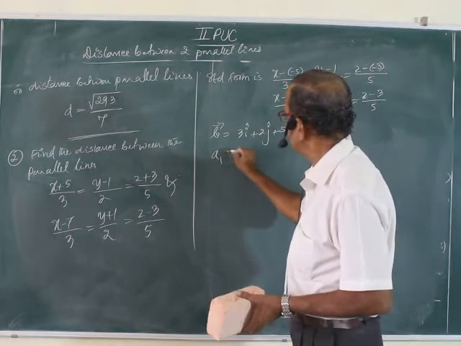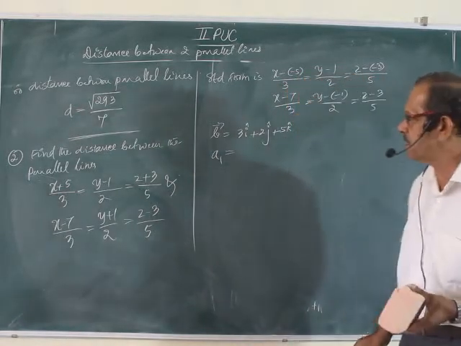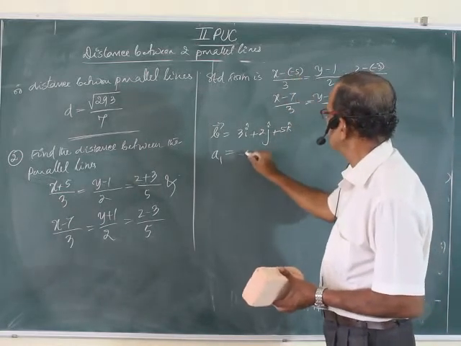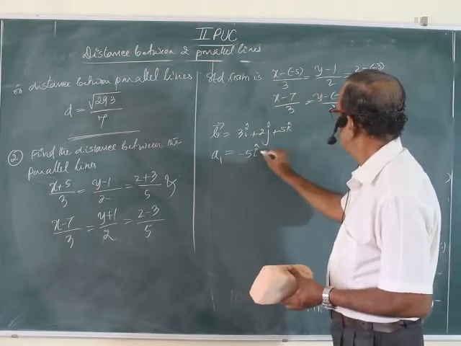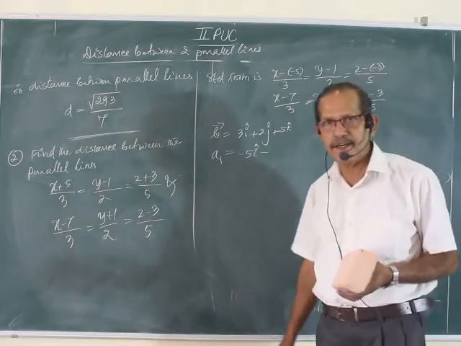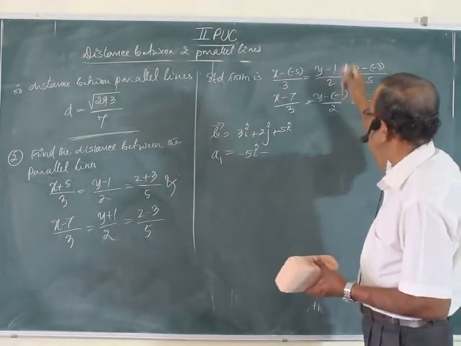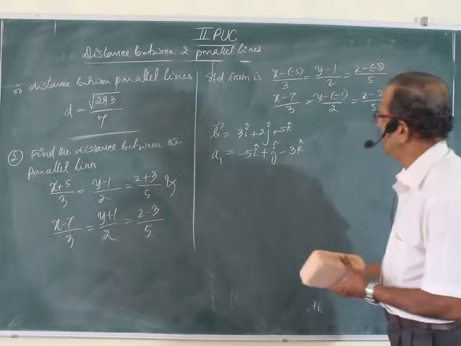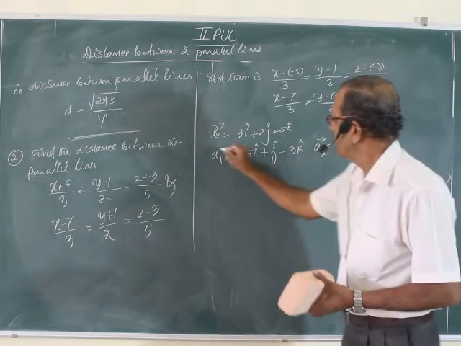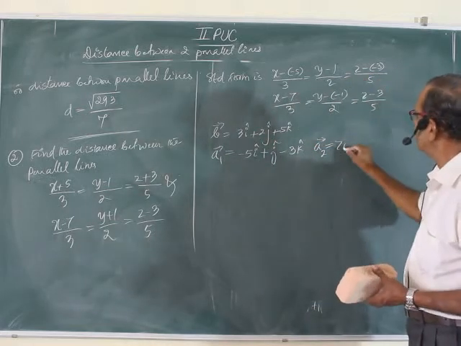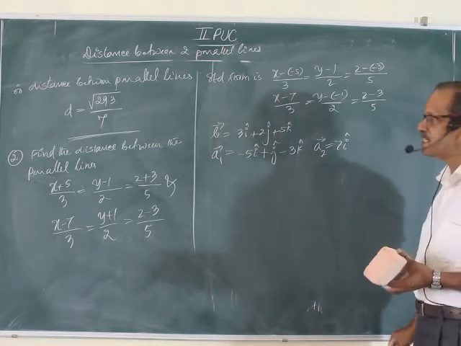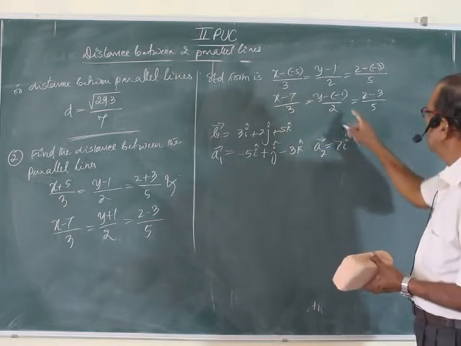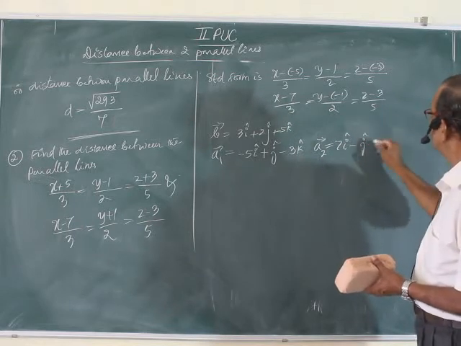a1 is the vector. Now you write carefully, minus sign. We got some confusion in the previous problem. a1 is minus 5i plus, see, that is why I did some mistake there, actually it is 1, plus j minus 3k. a2 is the vector 7i. Don't write minus 7, it is x minus x1, x1 is 7. Here it is minus j plus 3k.